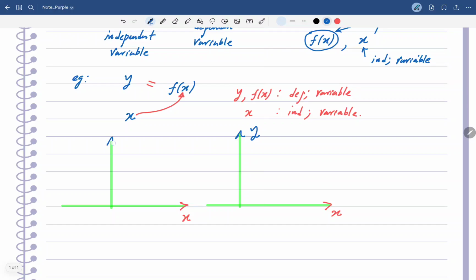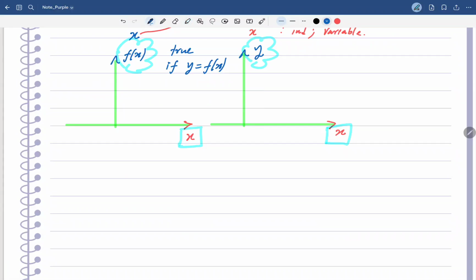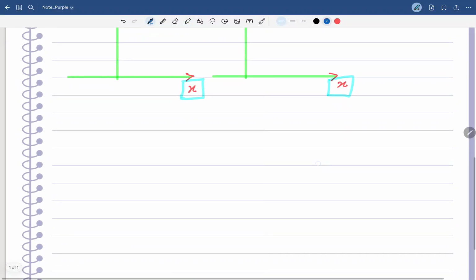If you replace y by f(x), it's the same. This is true if y is equal to f(x). Both of them are dependent variables. X is the only independent variable. Now we know the difference between independent variable and dependent variable.